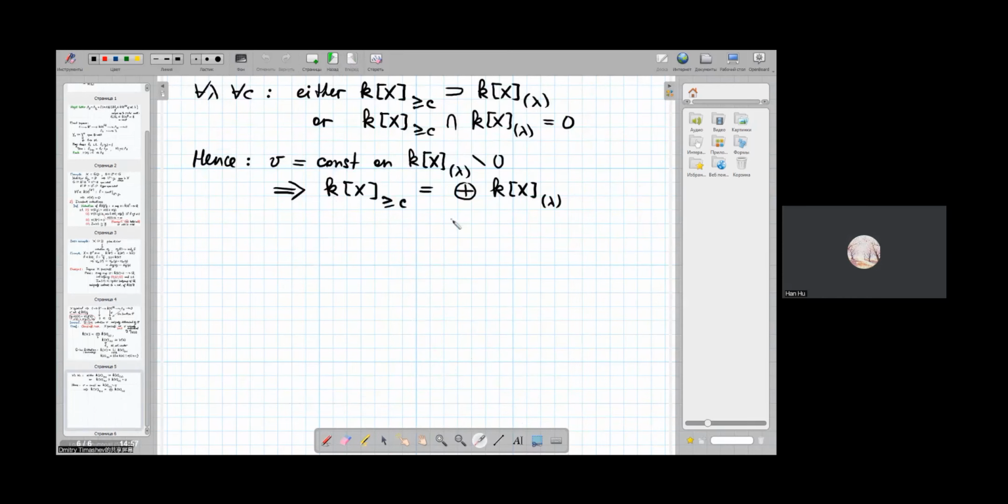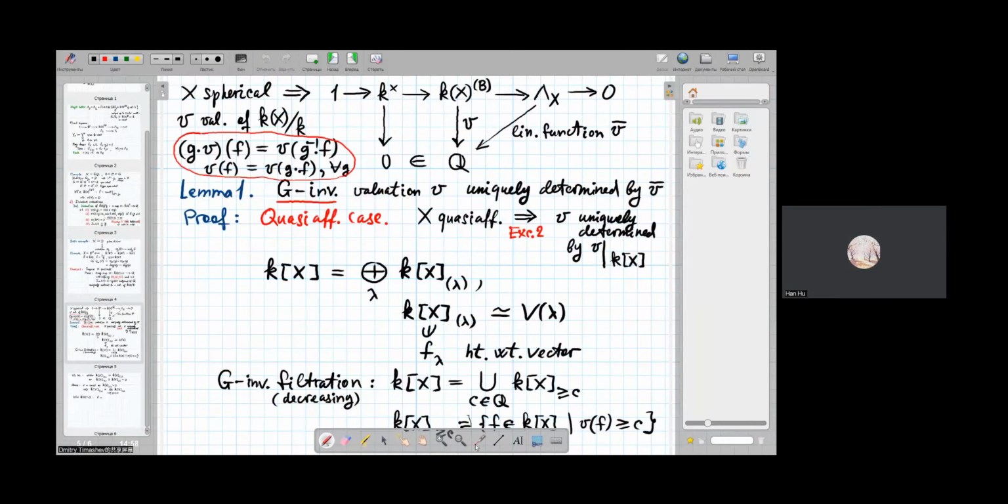So finally, we get that the filtration term is the sum of those irreducible submodules for which this value, V bar, evaluated at lambda, is greater or equal than C. Now it follows that for any non-zero regular function f, we can decompose this f with respect to this direct sum decomposition into irreducibles.